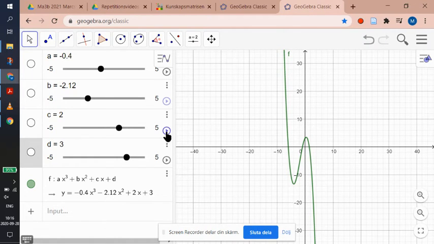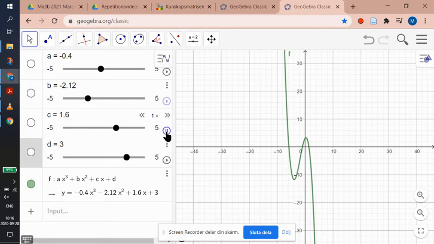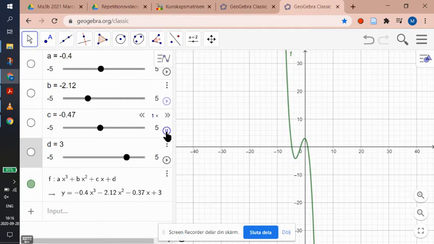Okay, so let's try with c now. Okay, and let's try with d now. So you see that d is perhaps the easiest one to interpret.